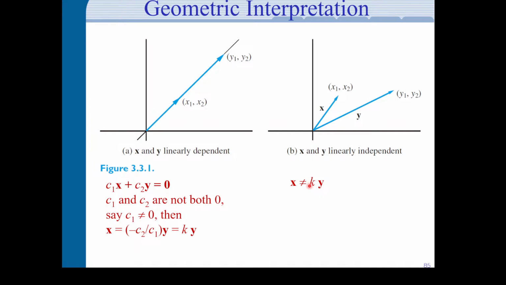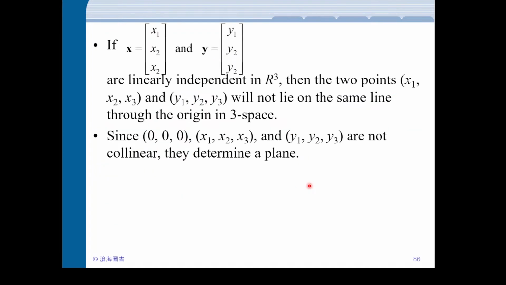Okay, and more geometric interpretation. If we are in 3 dimensions and have some x vector and y vector, just like the 2-dimensional case, they are linearly independent if they are not on the same line.